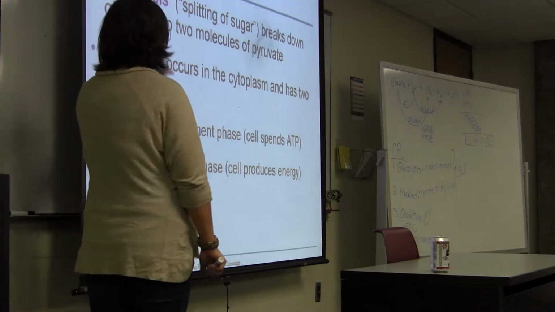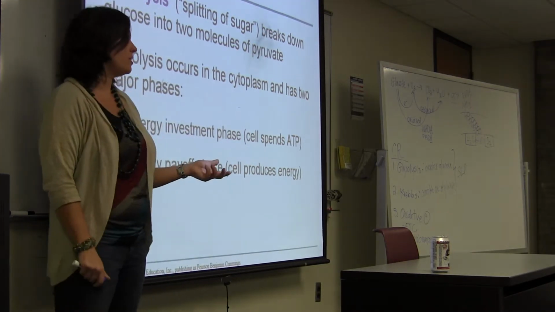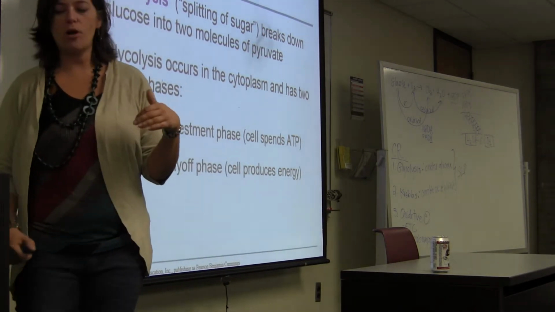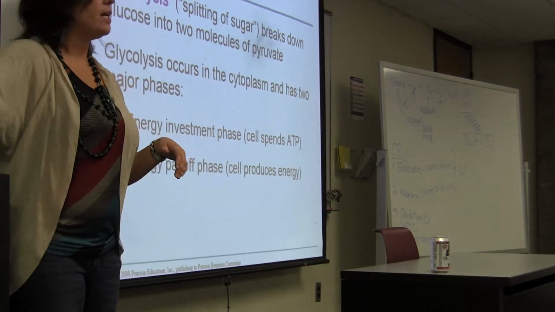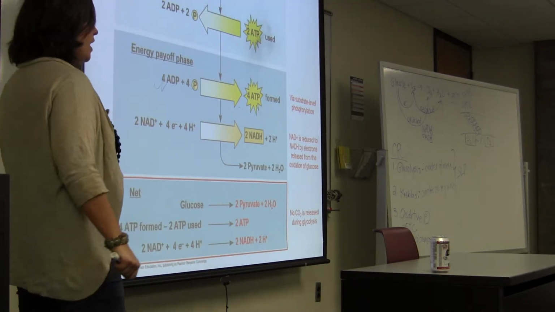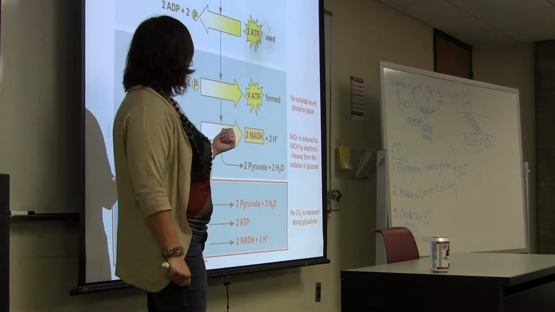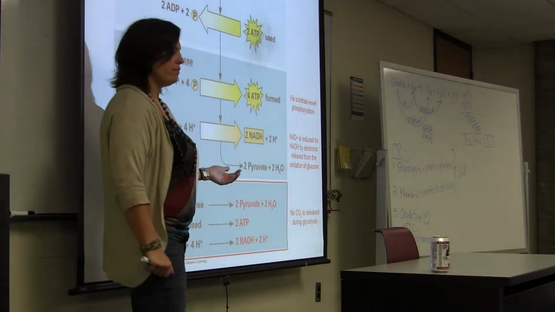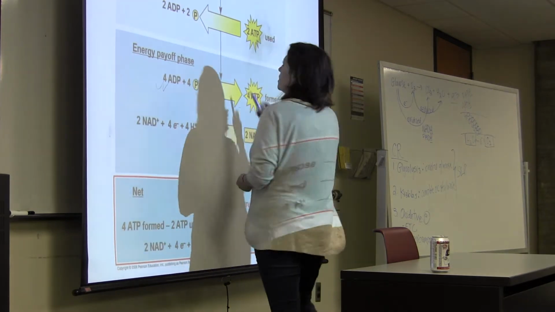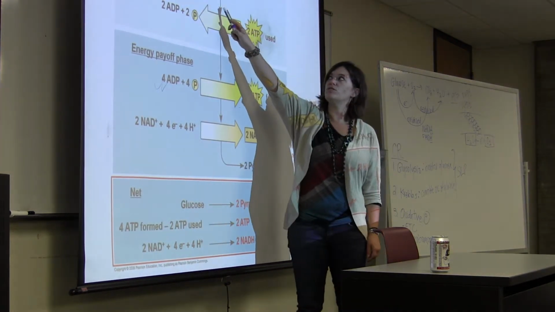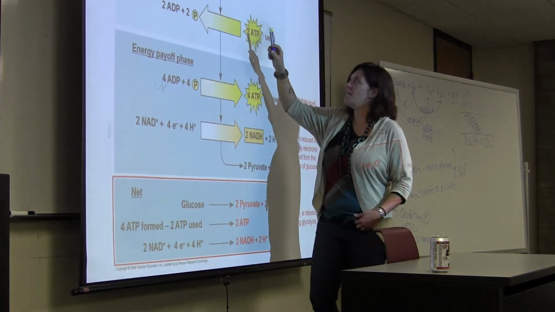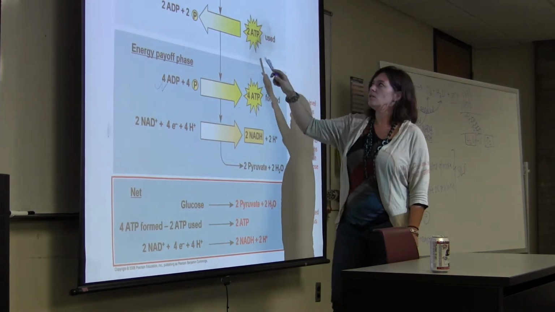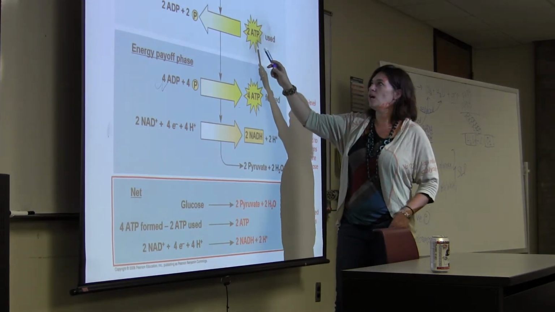Okay, so again, we're starting with glycolysis. Glycolysis is the process of splitting glucose in half. This process is going to have an energy releasing phase and an energy consuming phase. We're always going to start with 2 molecules of glucose, and we're going to use 2 molecules of ATP.